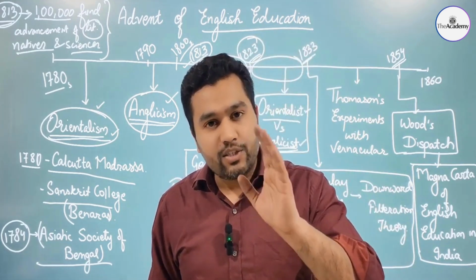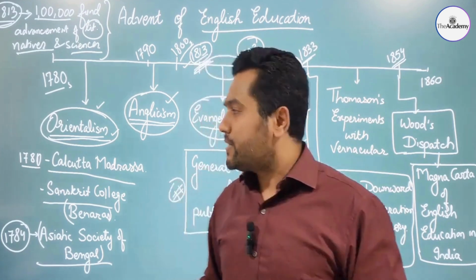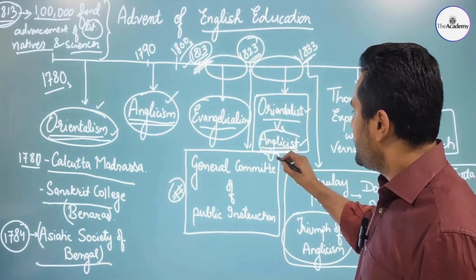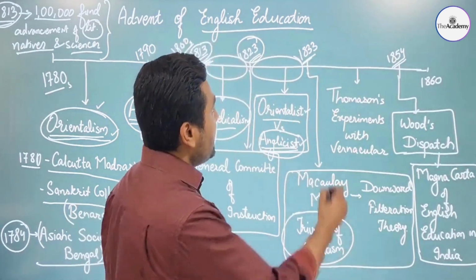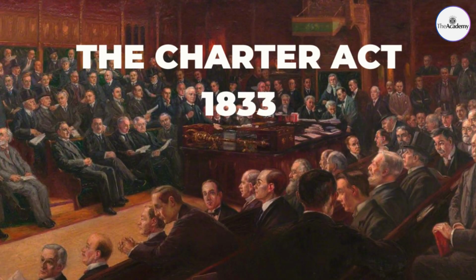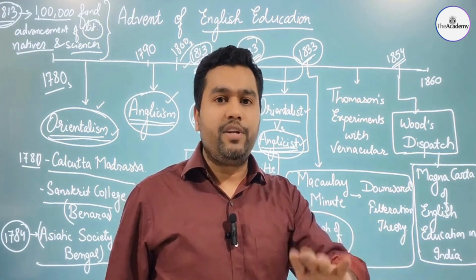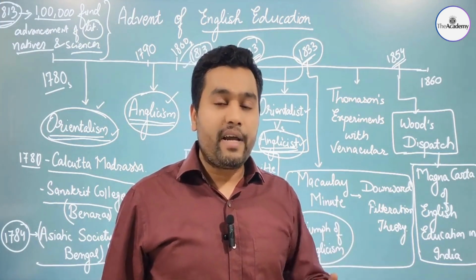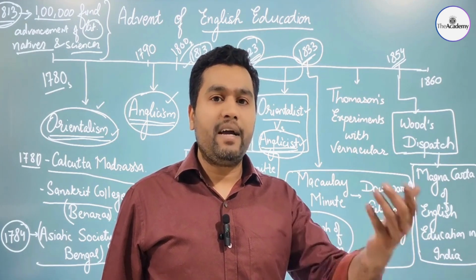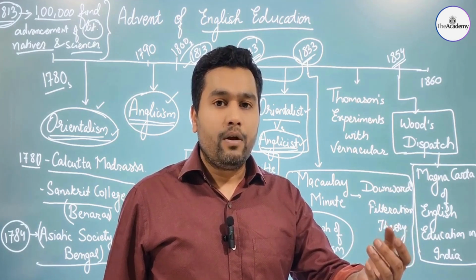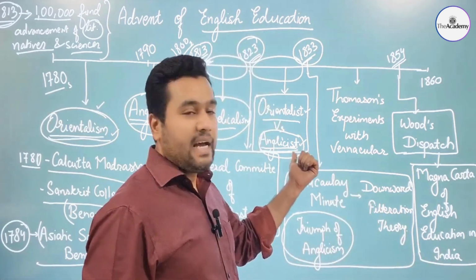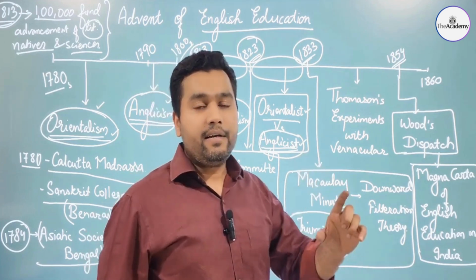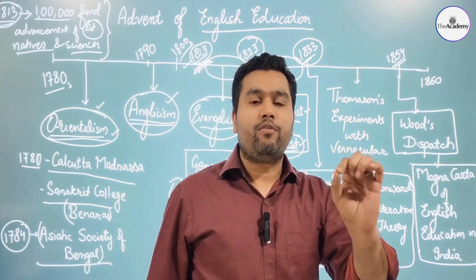So in order to gain cultural hegemony, there was a slight shift. That's the English they were aiming at, towards Anglicism. And when the Charter Act of 1833 did away with all forms of disabilities for any individual to apply for the highest offices, Lord William Bentinck supported Lord Macaulay, who was an Anglicist, and English replaced Persian as the official language.